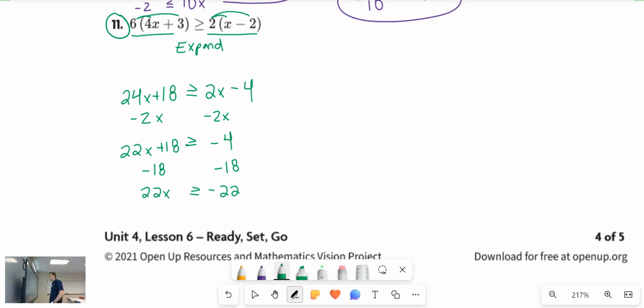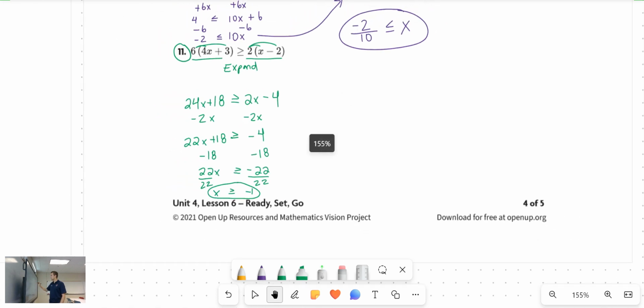That's very nice that it works out like that. Last step is we will divide both sides by 22. And we get x is greater than or equal to negative 1. There we go. That is our inequality totally solved.